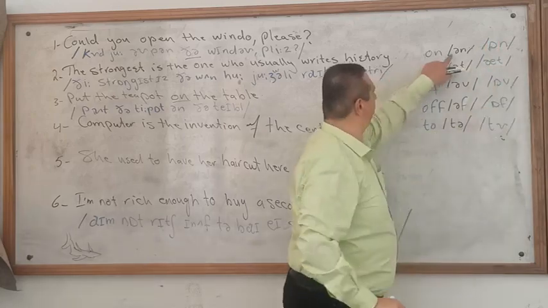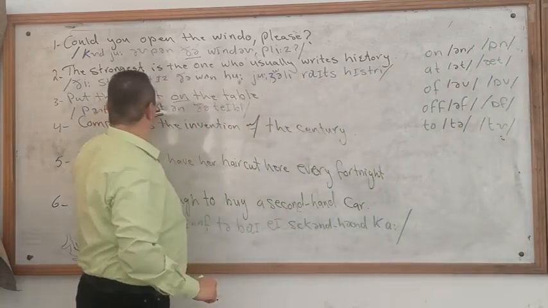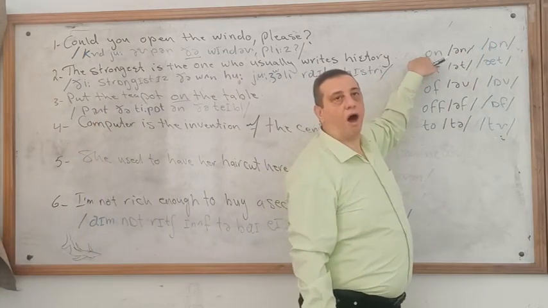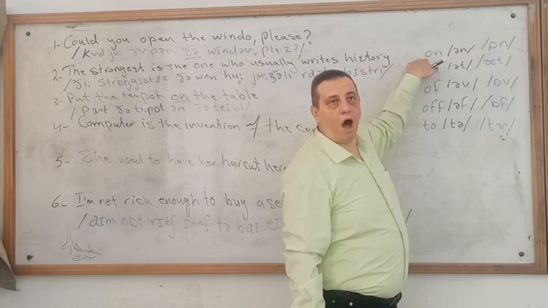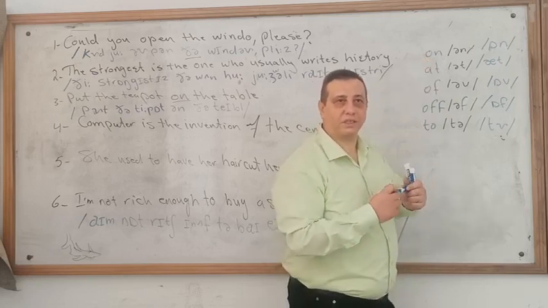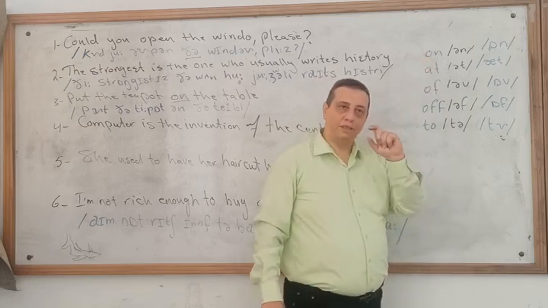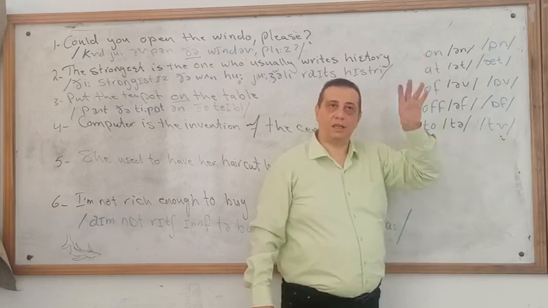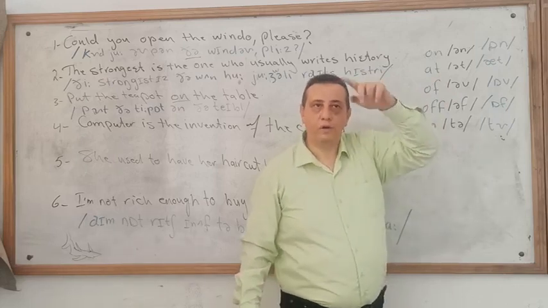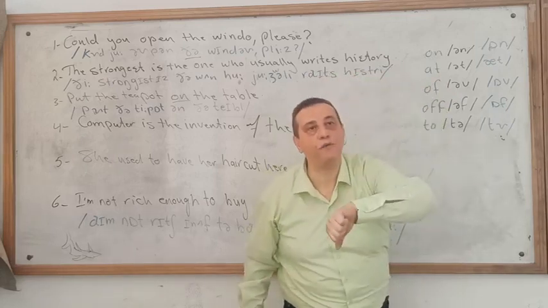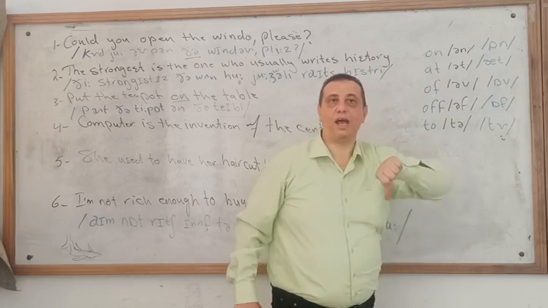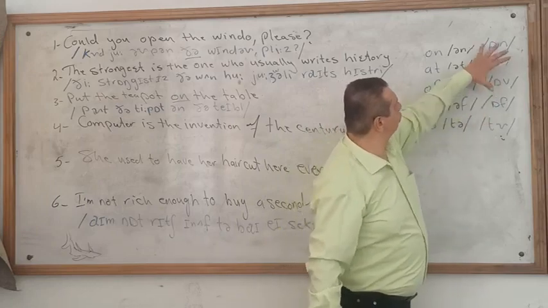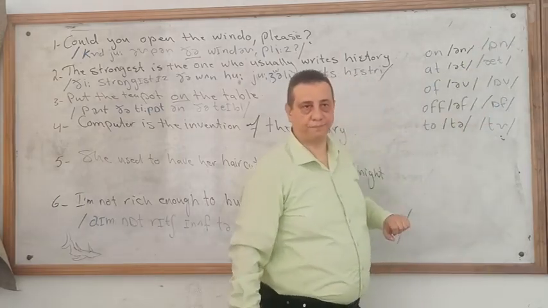So here, put the teapot on the table. But when I tell you, turn the lights on, turn the lights off. So here my focus, or the core word in the two sentences, turn the lights, they are the same, but on is making the difference and off is making a difference here. So I need to make focus on them and pronounce them as strong forms.